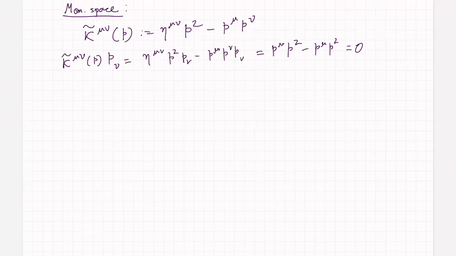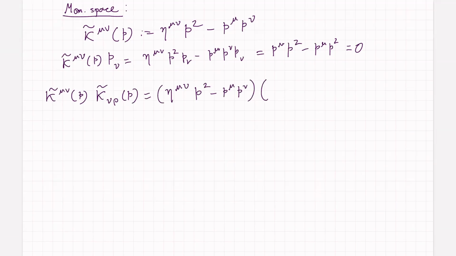But what is even more interesting is if I take k tilde mu nu of p and multiply it with k tilde nu rho of p. So let's see what this is. This is eta mu nu p squared minus p mu p nu, times eta nu rho p squared minus p nu p rho.